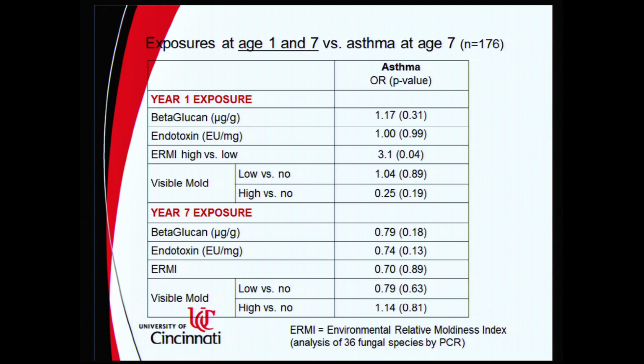Then we went back to these homes later, at age 7, looking at the exposures at age 1 and age 7, and asthma at age 7, because then everybody was assessed for asthma.